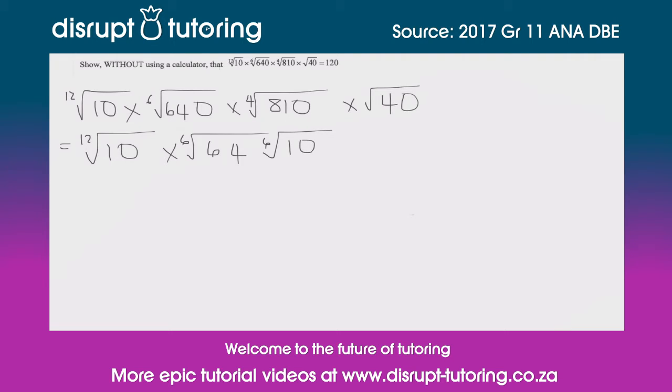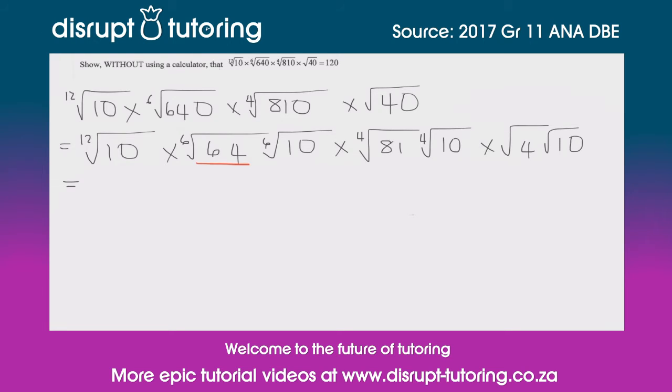Okay, so what have I done there? I've simply seen that 64 times 10 is 640, and then I'm able to split my root over the two of those. I'm going to do the same thing here. So the 4th root of 81 times the 4th root of 10. And then I've got the same thing here as the square root of 4 and the square root of 10, right?